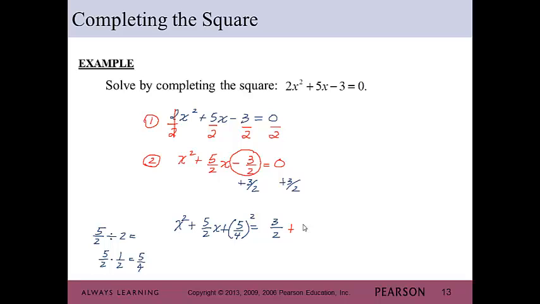So add or plus 5 divided by 4, whole thing squared. So again, remember you get this term by taking the middle coefficient, which is 5 over 2, and dividing by 2. It will come out to be 5 over 4, and then don't forget to square it. Since you add it to the left side of the equation, you must also add it to the right side of the equation.